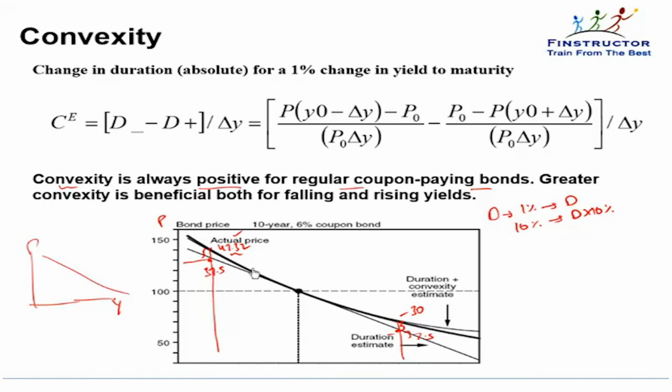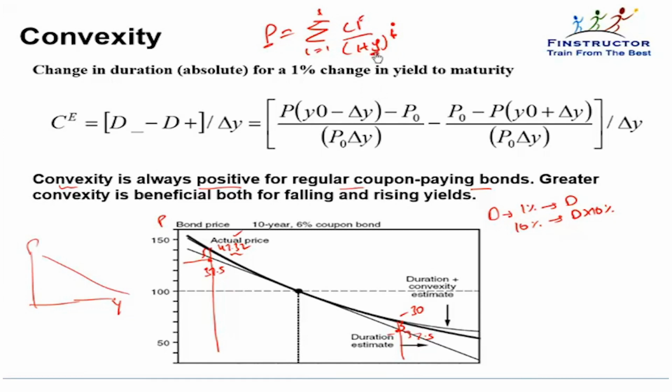That is, the price is equal to the summation of the cash flows of the bond divided by 1 plus y to the power i, where i varies from 1 to t, that is the time to maturity. The relationship between price and yields is not linear.